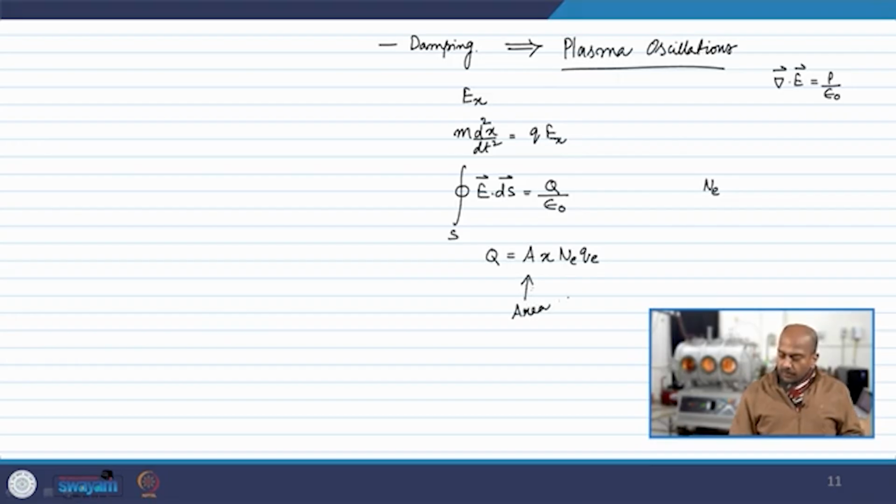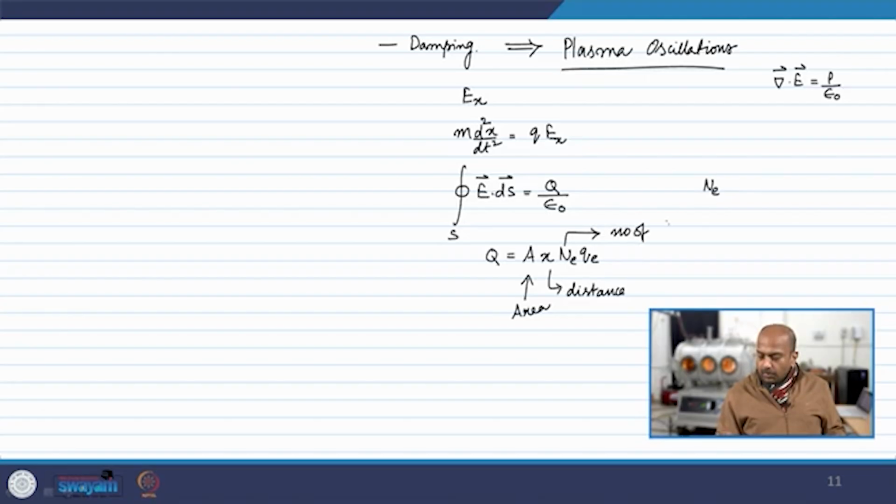A is the area, x is distance, Ne is the number of carriers per unit volume and Qe is the charge per, let's say, electron or carrier, right?